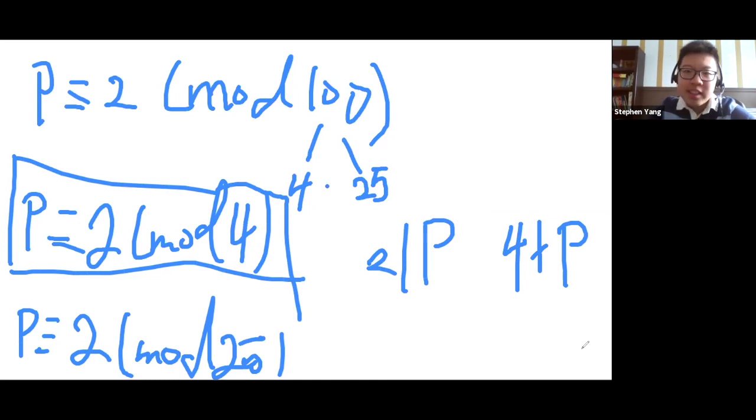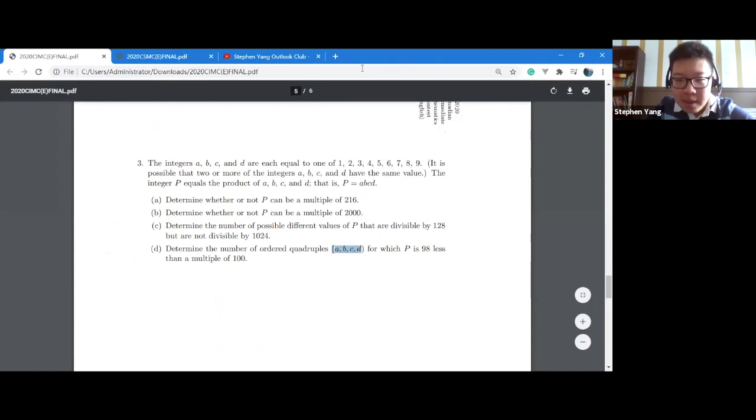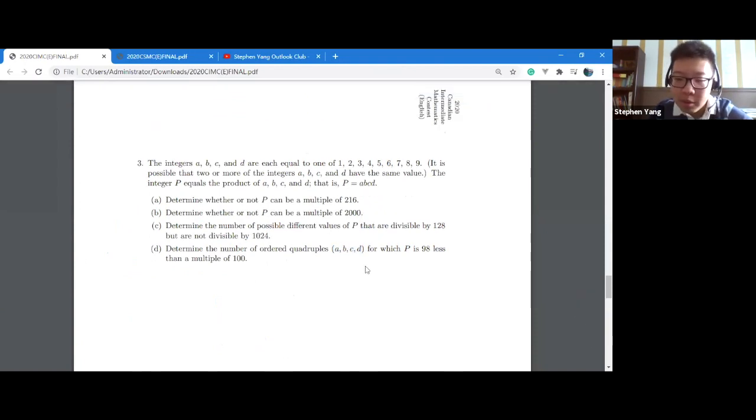What this tells us is the product of ABCD is only a multiple of 2, not a multiple of 4, which means we cannot have 4, we cannot have 8, and only one of ABCD is a power of 2. I mean 2 or 6.